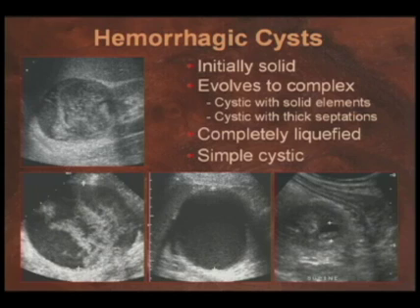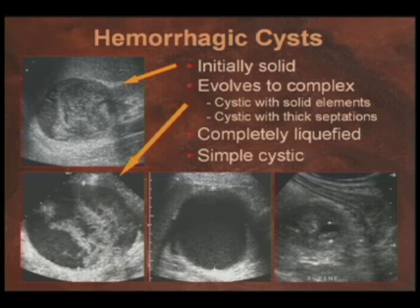Now, what about cysts that aren't simple, in particular cysts that are hemorrhagic? Well, initially, when a cyst undergoes hemorrhage, it will have a solid appearance as shown here. Often it will be heterogeneous, but will appear solid. Now, over time, that cyst and the clot within the cyst starts to lyse, and the cyst becomes more complex, evolving into a lesion that may be cystic with solid elements or cystic with thick septations.